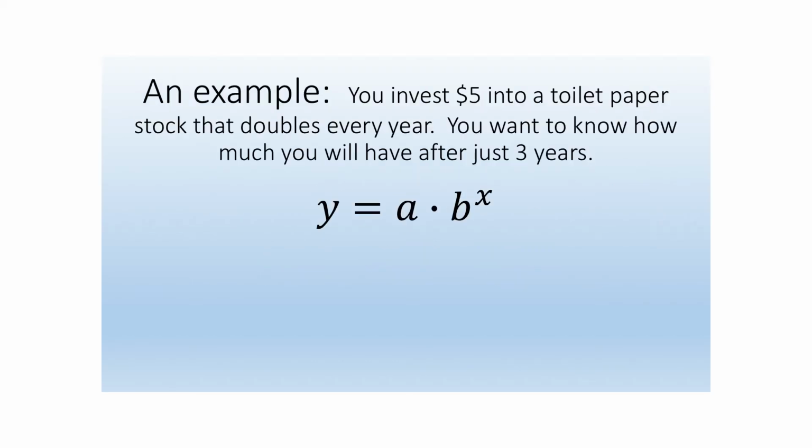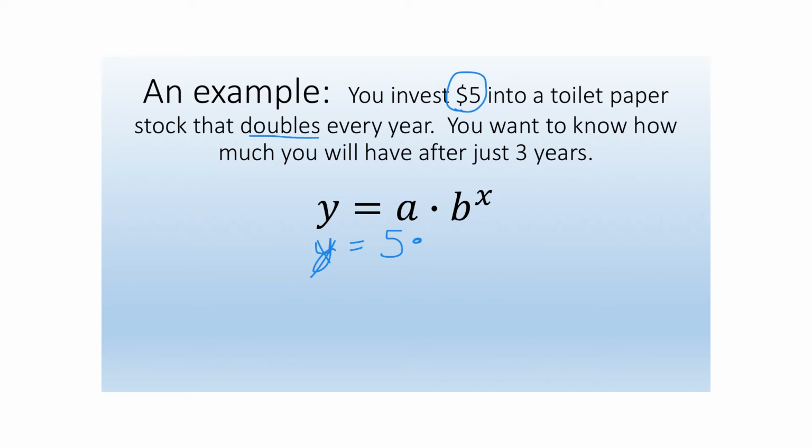Okay, so if we're looking at a sample, you'll run across things like this in your assignment. You invest $5 into a toilet paper stock that doubles every year. You want to know how much you'll have after just 3 years. So you would leave the y alone because we're looking for the total. A is the very beginning, which is you invested $5.